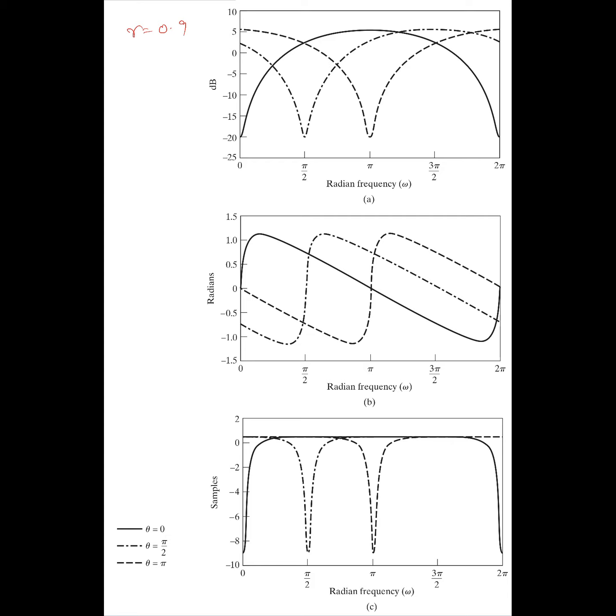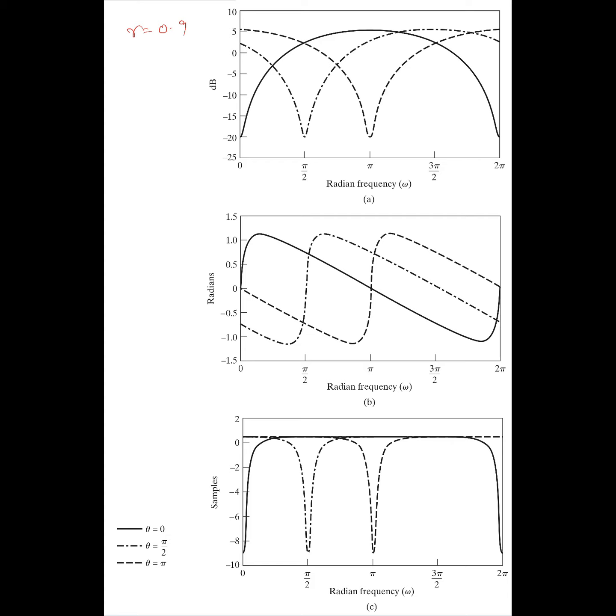Okay, so the first important point to notice is the phase, which is on the second plot. The solid line is for theta equal to 0, so the phase is 0 at omega equal to theta. And for fixed r, the function simply shifts with theta.